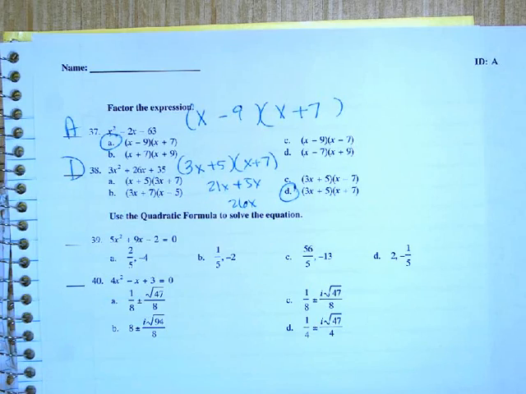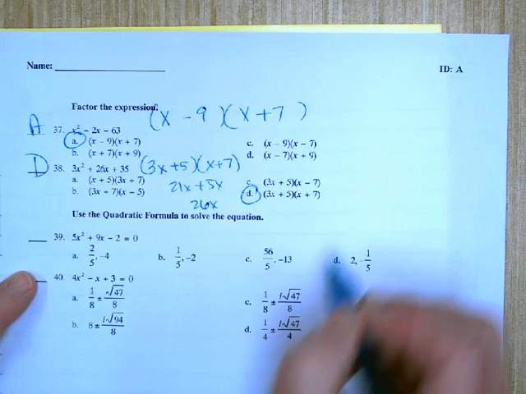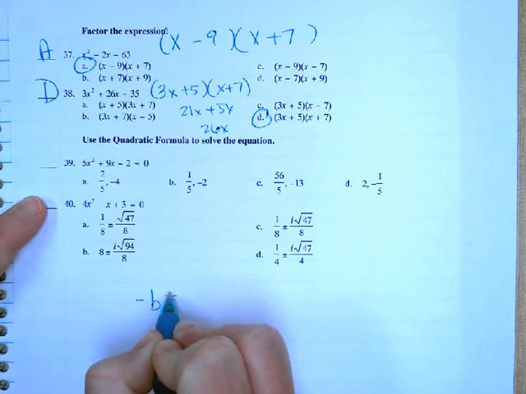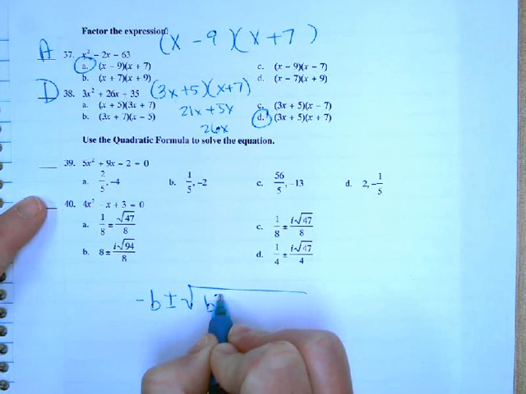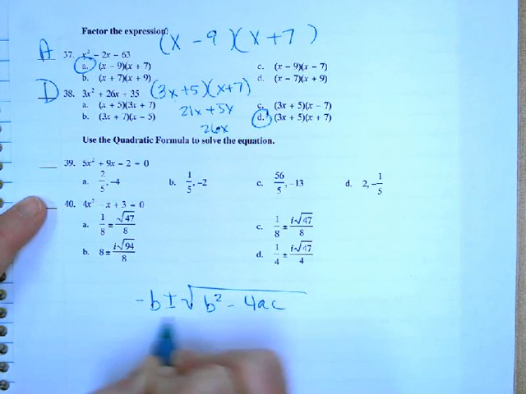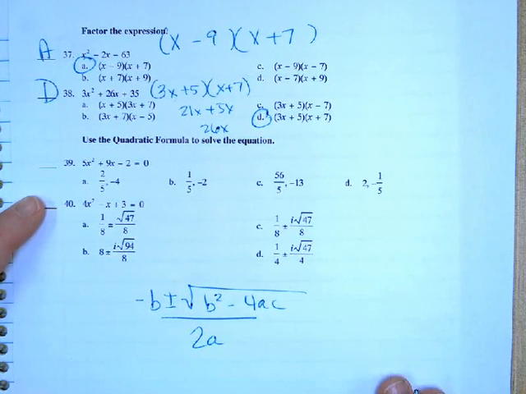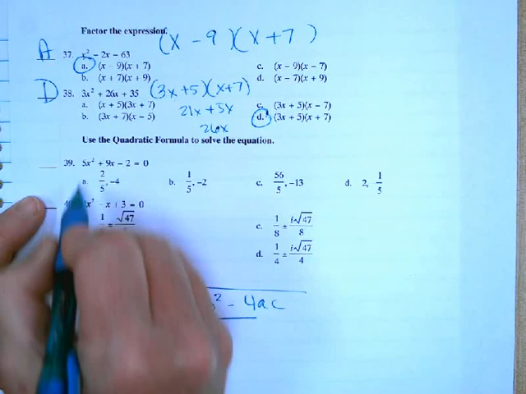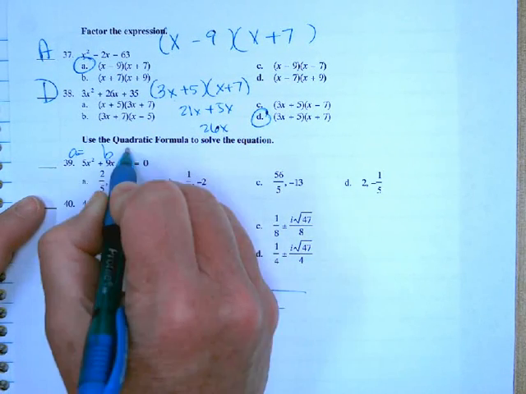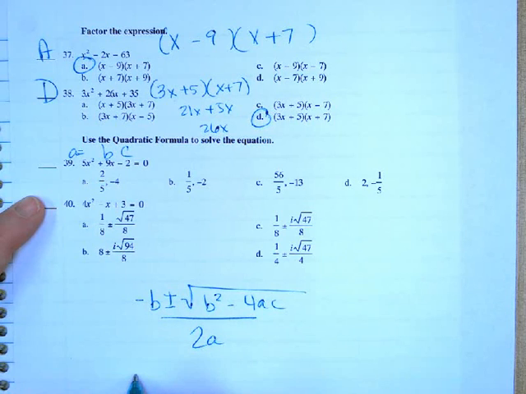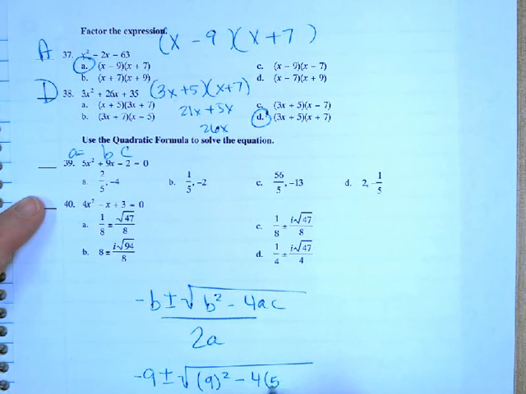Quadratic formula on number 39. Here's the quadratic formula. Negative b plus or minus the square root of b squared minus 4ac all over 2a. In the first one, a is 5, b is 9, c is negative 2. Negative 9 plus or minus the square root of 9 squared minus 4 times 5 times negative 2 all over 2 times 5.